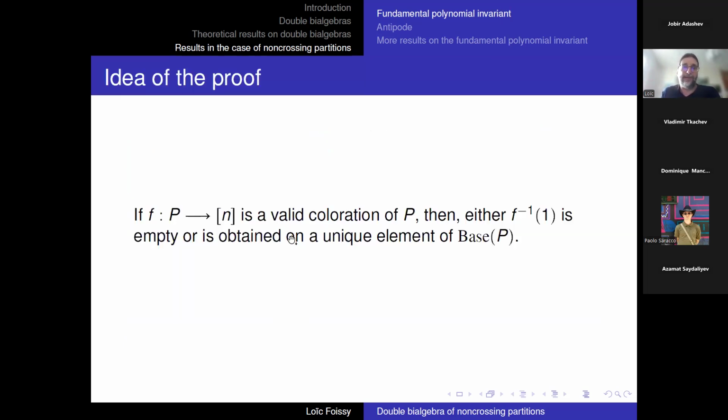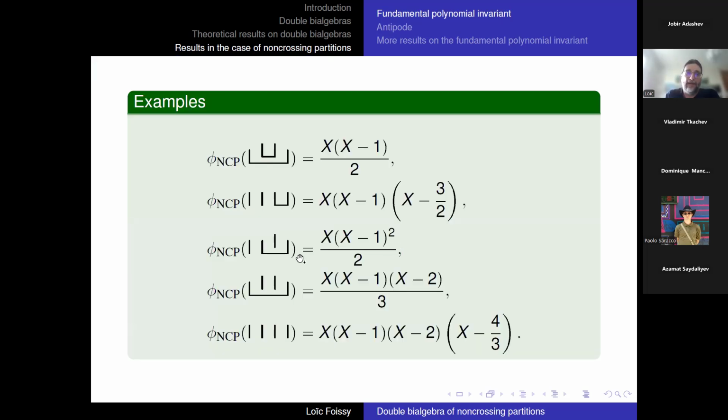So this is exactly what I just explained. If you take a valid coloration of P, the smaller color, either it does not appear, or it appears only once on an element of the base. So this allows to compute this polynomial. It starts to be interesting for example, for this.